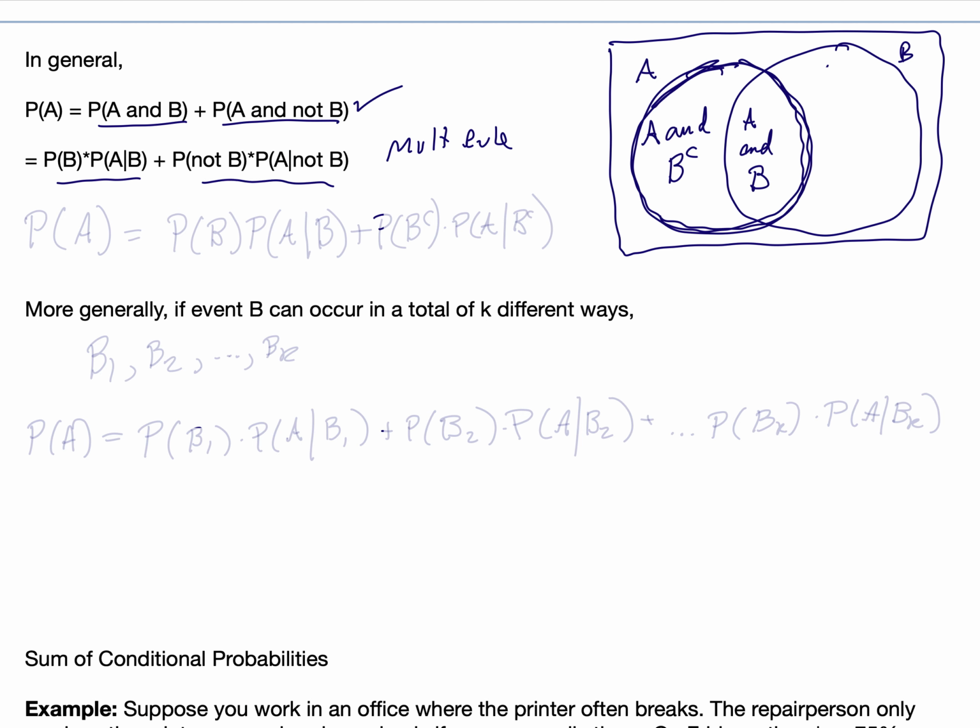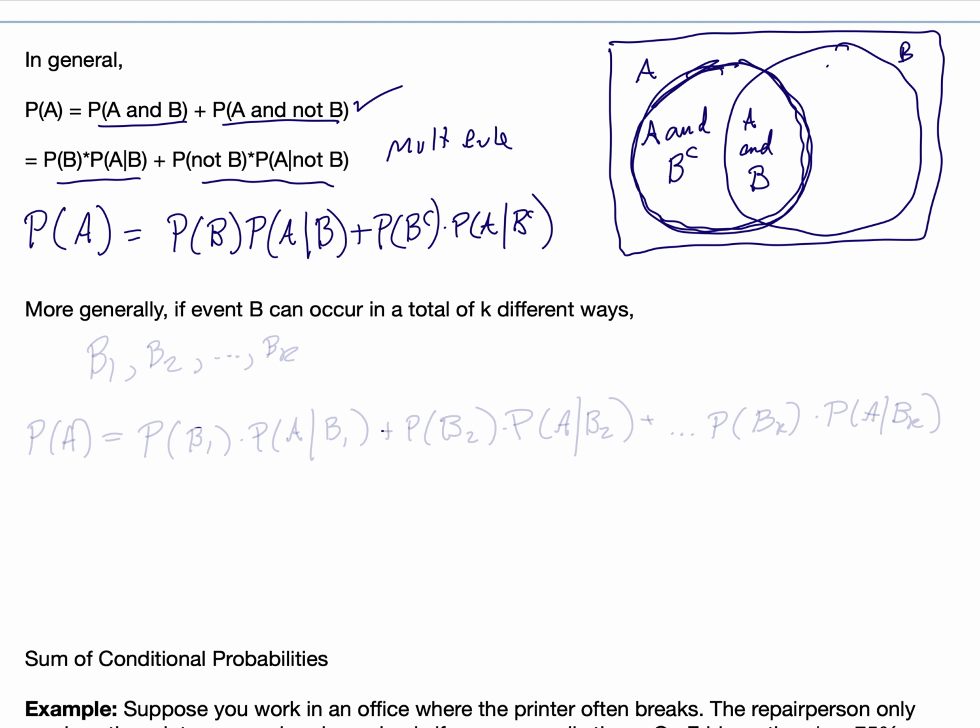So we're just using the multiplication rule twice. So basically that's the theorem we're using. We could also write that as probability of A equals probability of B times probability of A given B plus probability of B complement times probability of A given B complement.